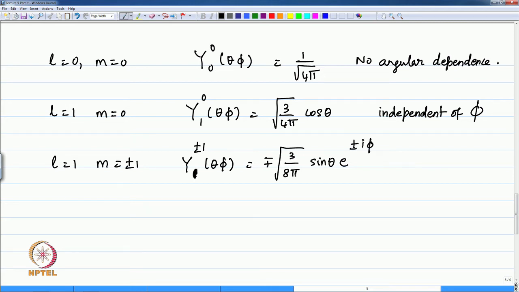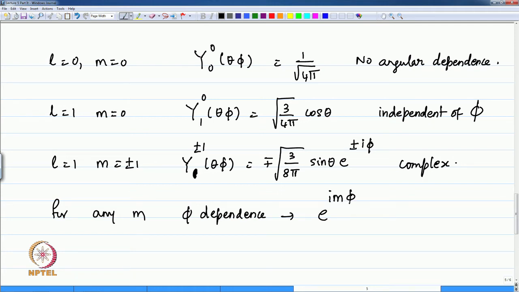These are complex functions. Okay. And in general, for any M, the phi dependence is given by this function e to the i M phi, and you can see that here it is plus or minus 1 phi, or 0 phi, which is of course 1.